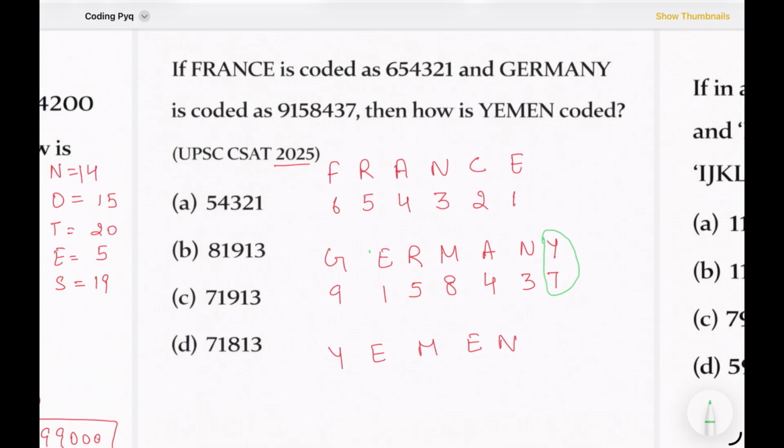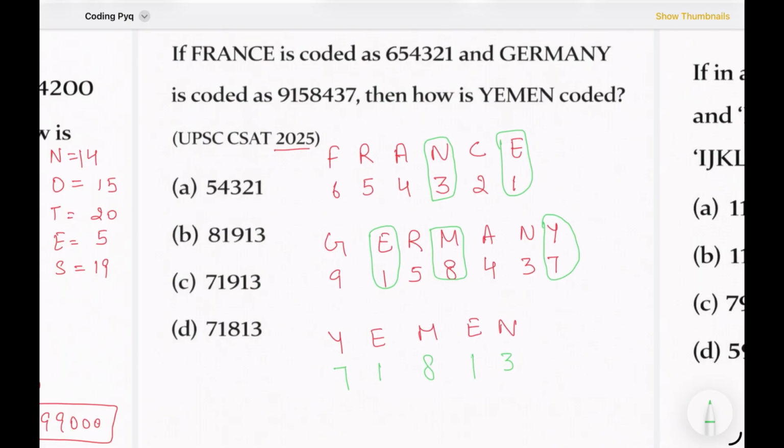E is coded as 1. Then M is coded as 8. Next we have E, that is 1. Then N is coded as 3. So Yemen is coded as 71813. Option D is the correct answer.